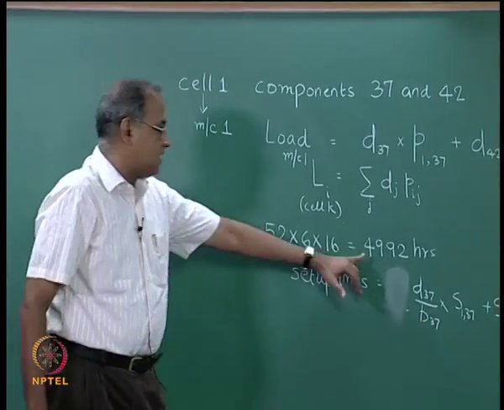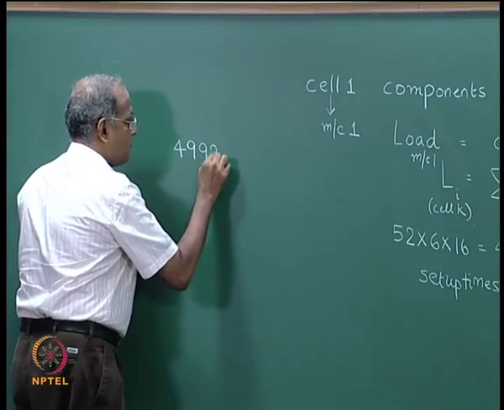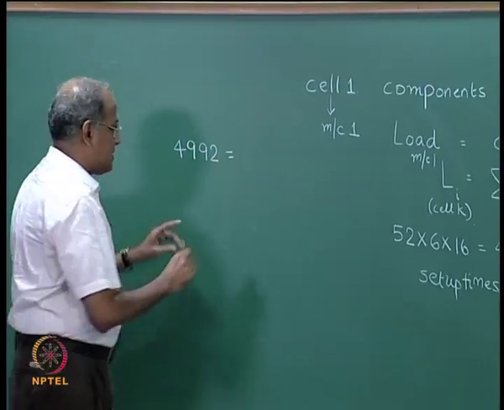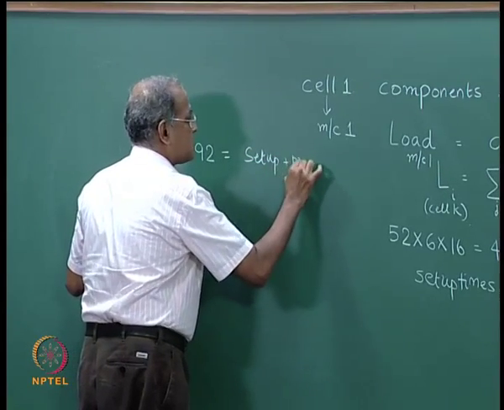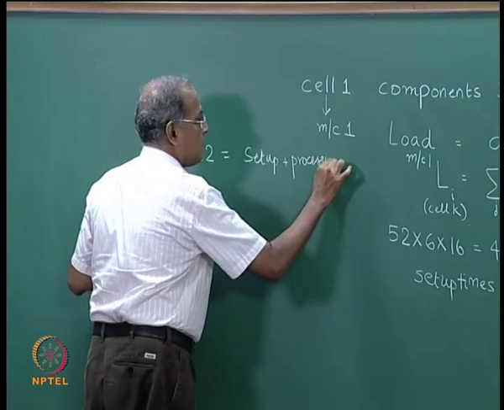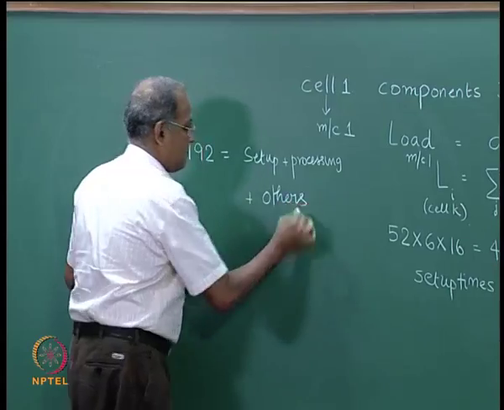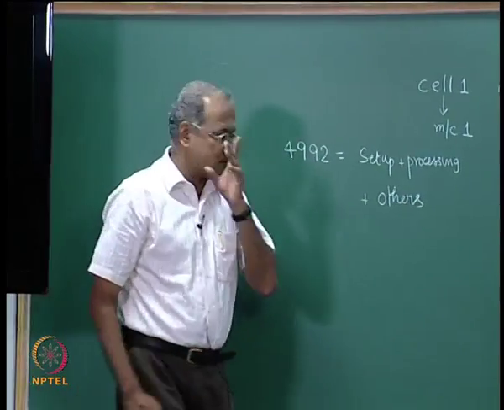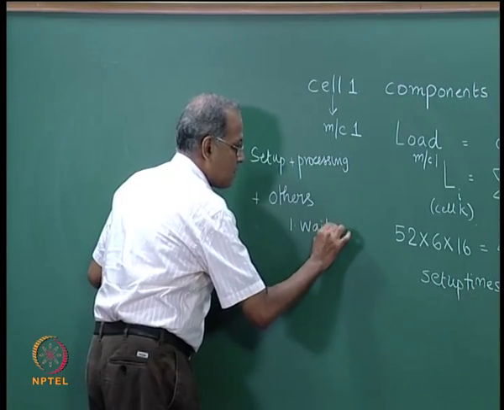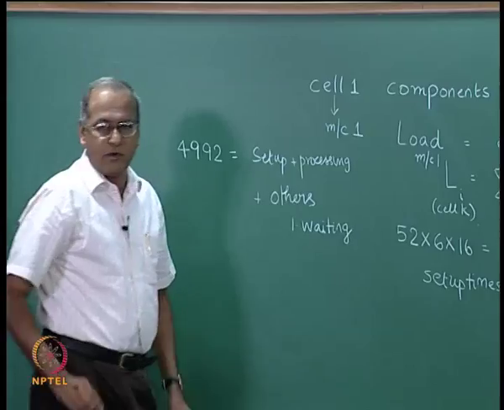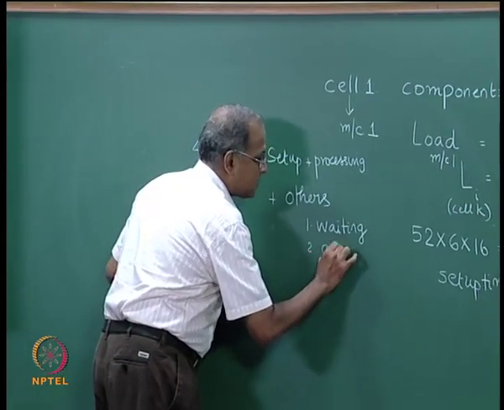So, this 4992 can be used for setup plus processing plus others. Now, this others would include sometimes machine waiting due to scheduling related issues, sometimes due to availability issues.